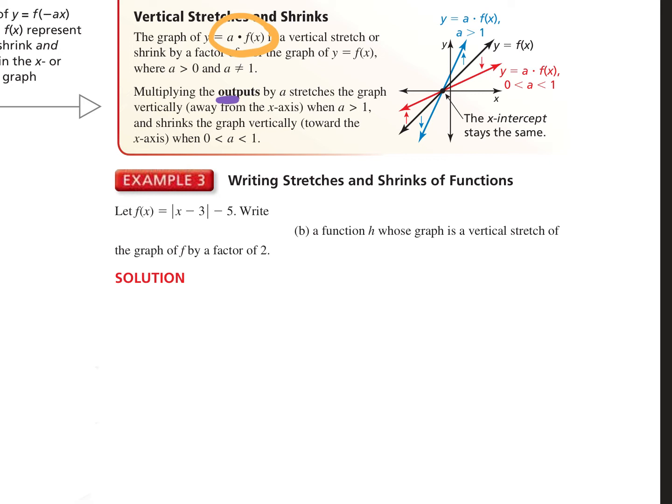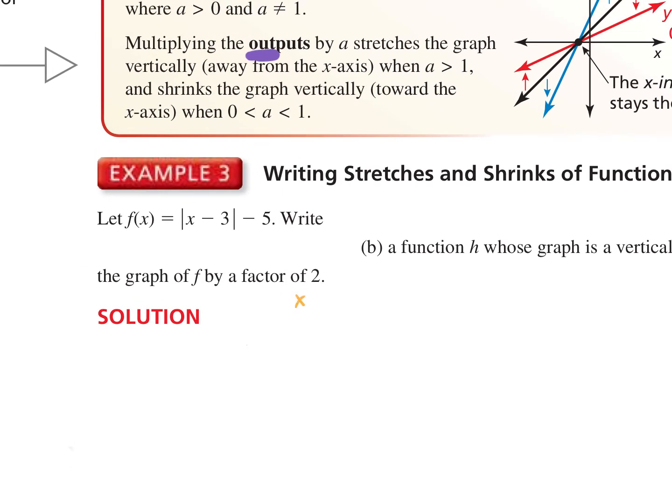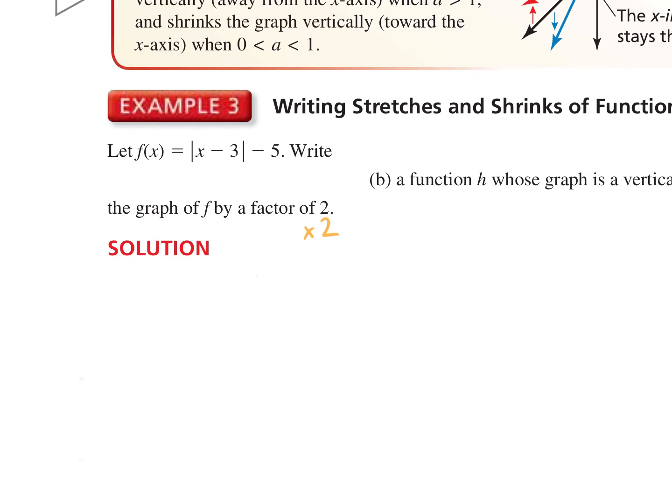So it says let f of x equal absolute value of x minus 3 minus 5. We have to write a function h whose graph is a vertical stretch of the graph by a factor of 2. So I multiply it by 2 on the outside, but I multiply everything by that 2.